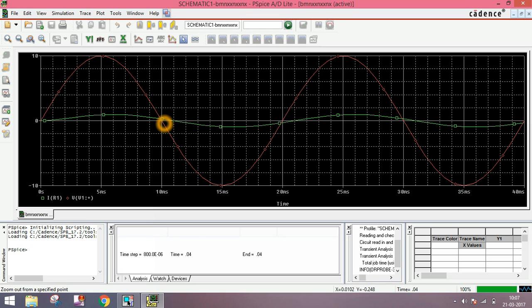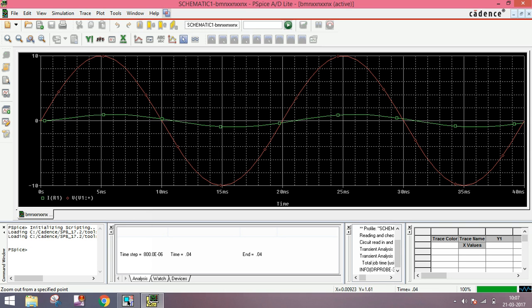So you can see this red one, the voltage, crosses here, and the current, blue-green, crosses here, meaning voltage crosses first.